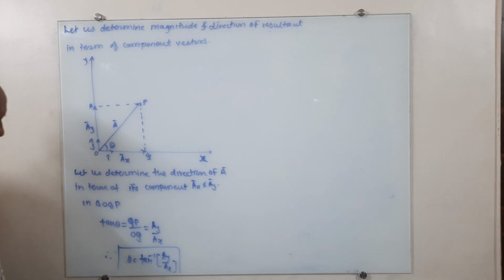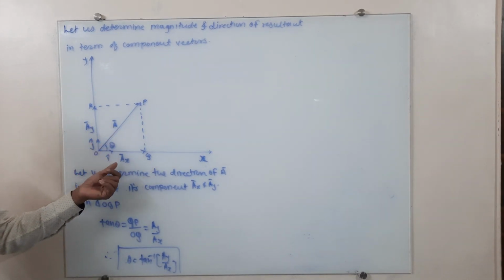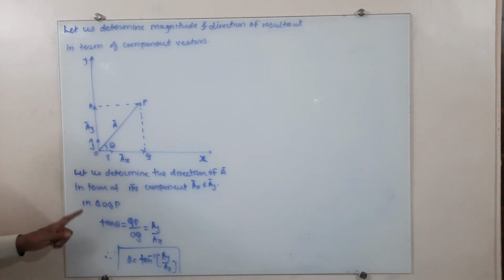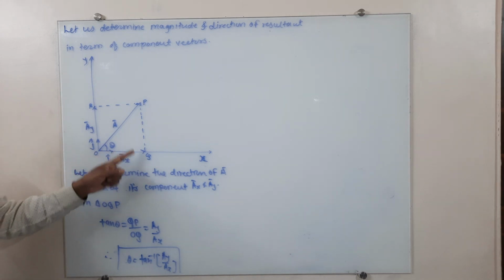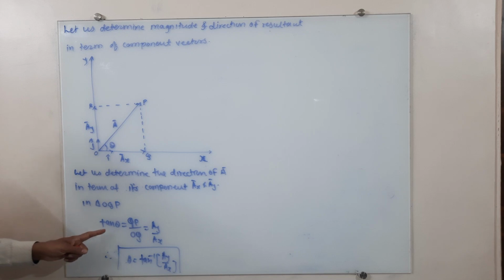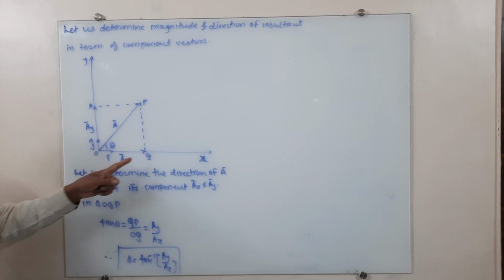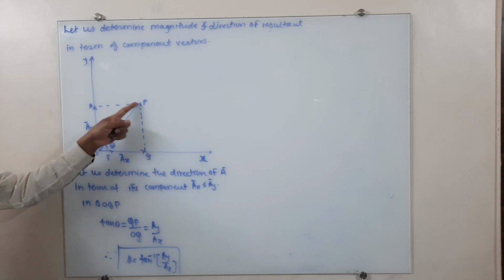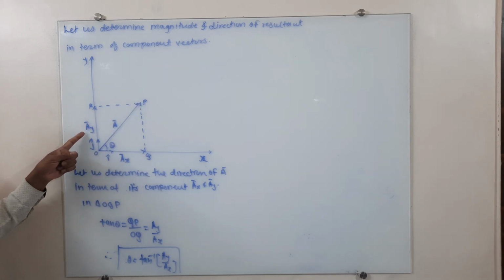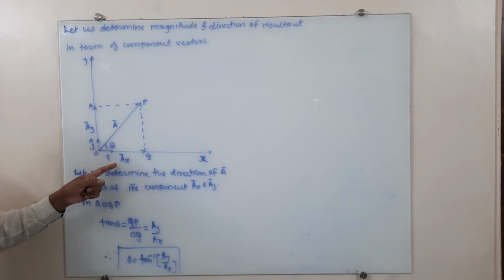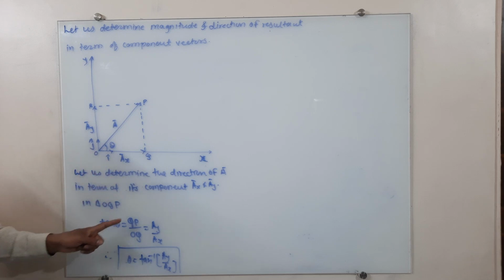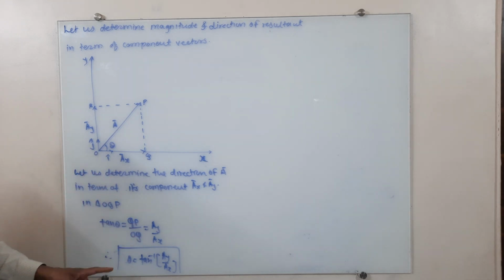This equation gives the direction of A bar in terms of AX and AY. Once again I told you that in triangle OQP, tan theta is equal to QP upon OQ, but QP is equal to OR, which is equal to AY, and OQ is equal to AX. Therefore, tan theta is equal to AY upon AX, and theta is equal to tan inverse AY upon AX.